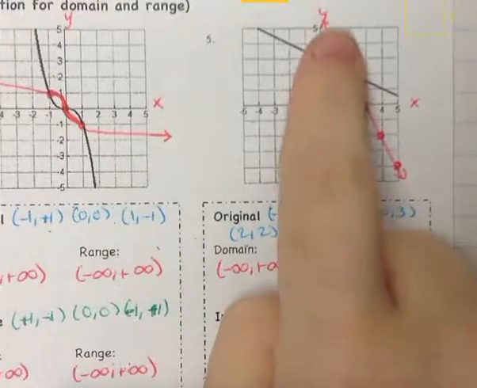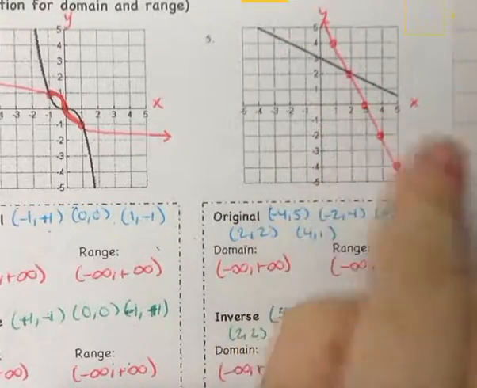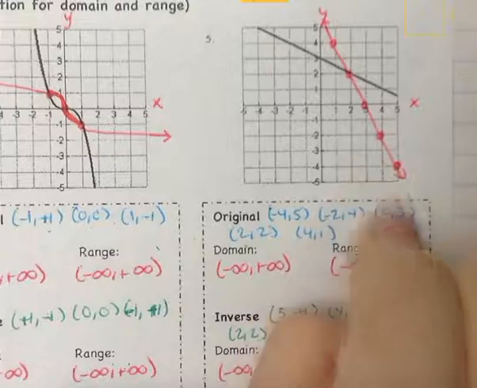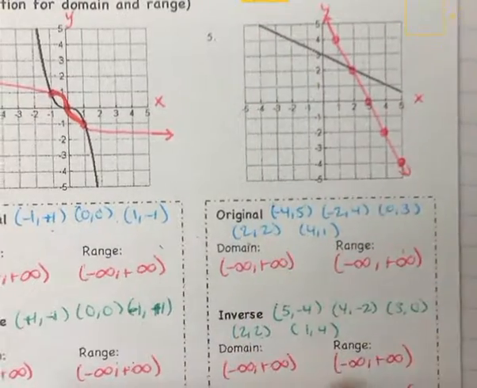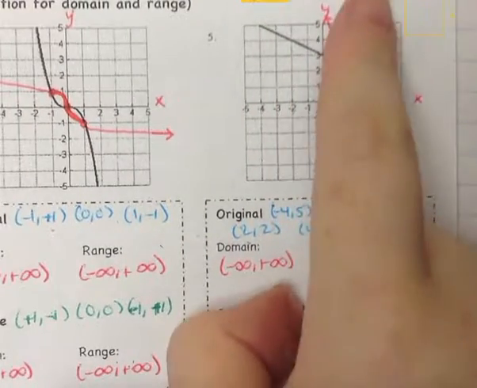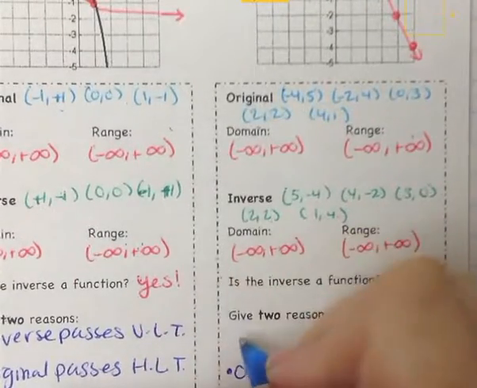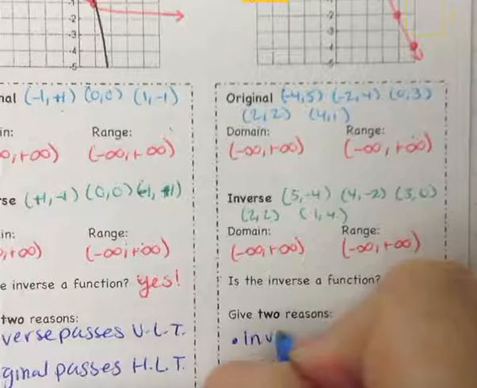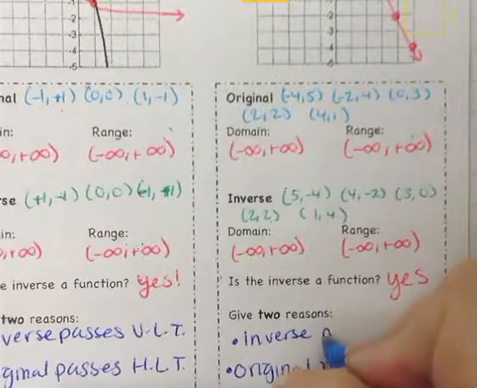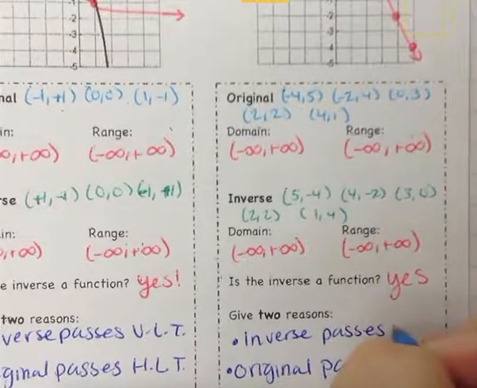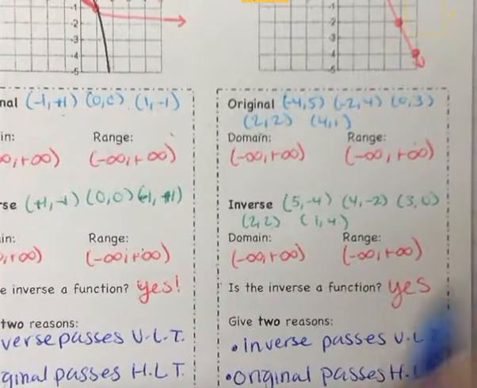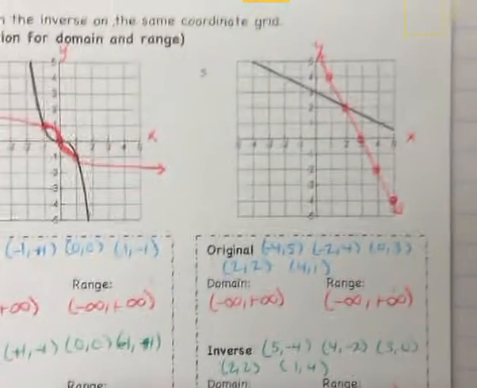This does have a domain of negative infinity to positive infinity, and it has a range of negative infinity to positive infinity. This red graph would also pass the vertical line test. So the inverse passes the vertical line test. That's also why it's a function, that the red is a function.